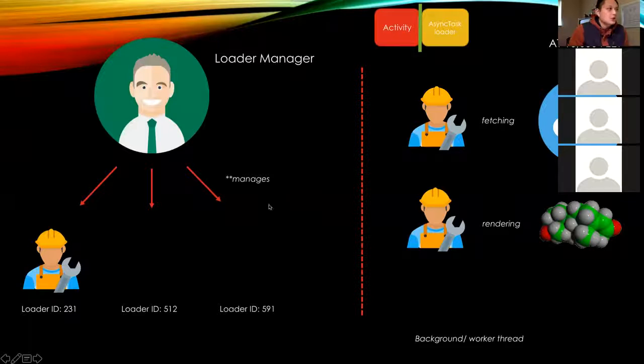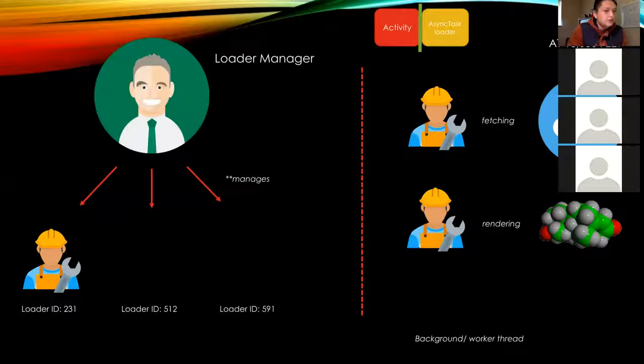What I'm trying to show here is that in an activity, although it might not be a good practice, you can have several loaders working for you, and these loaders are managed by this loader manager. Okay, so you don't actually own the loaders. The manager oversees those loaders.